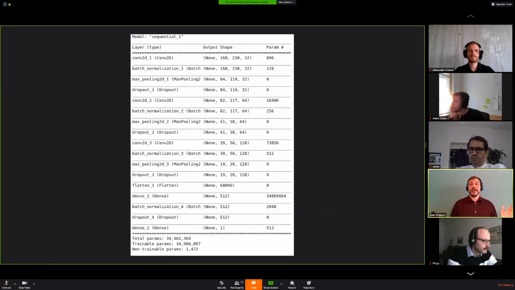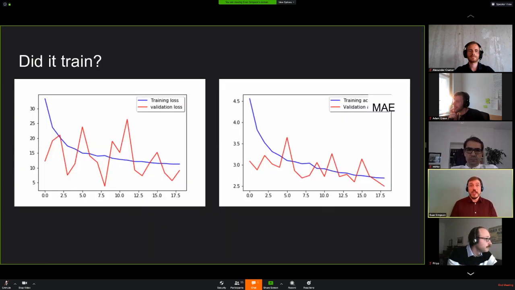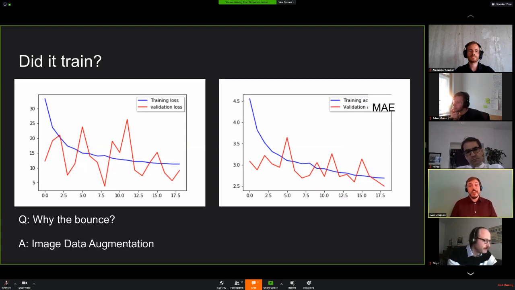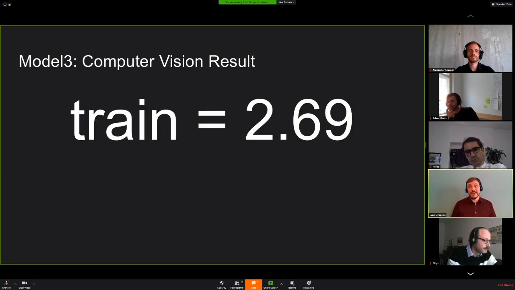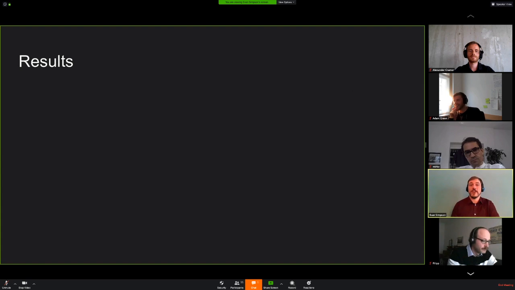And in the end, this is the model. It ended up being incredibly large. And yes, it does train, but the question is why it's bouncing, and the answer is because of the data augmentation. In the end, the training is 2.69 and the test is 2.5.